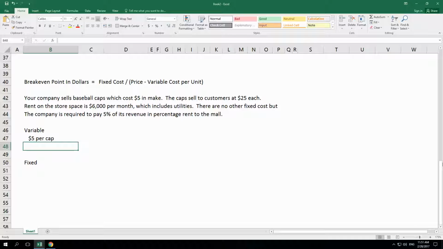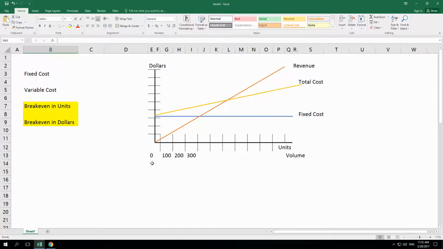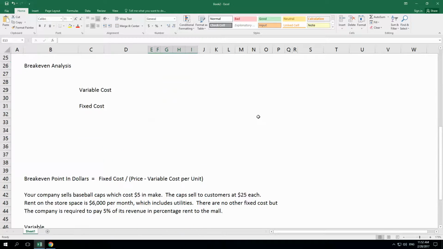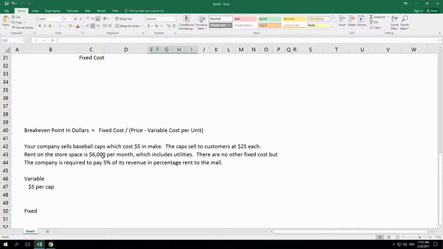If you sell two caps, it goes up to $10. If you sell three caps, you have $15 in variable costs. That's why it's variable. Going back to our graph, for each cap that you sell, you're getting an incremental cost of an additional $5.